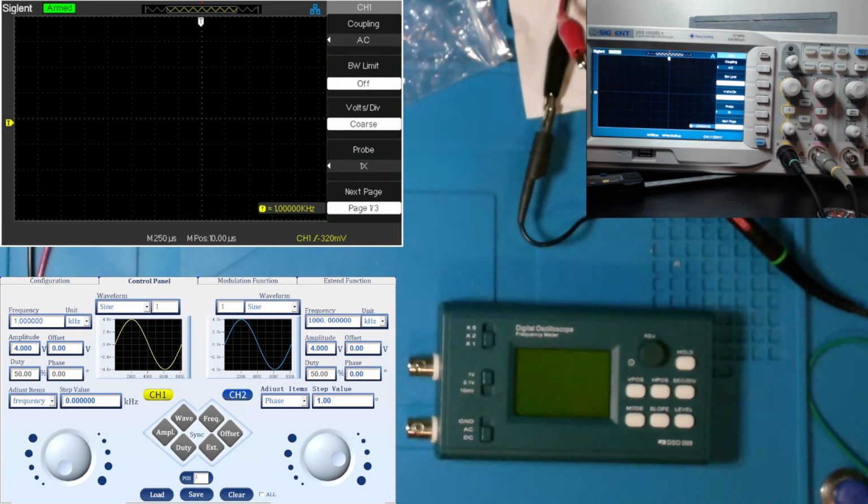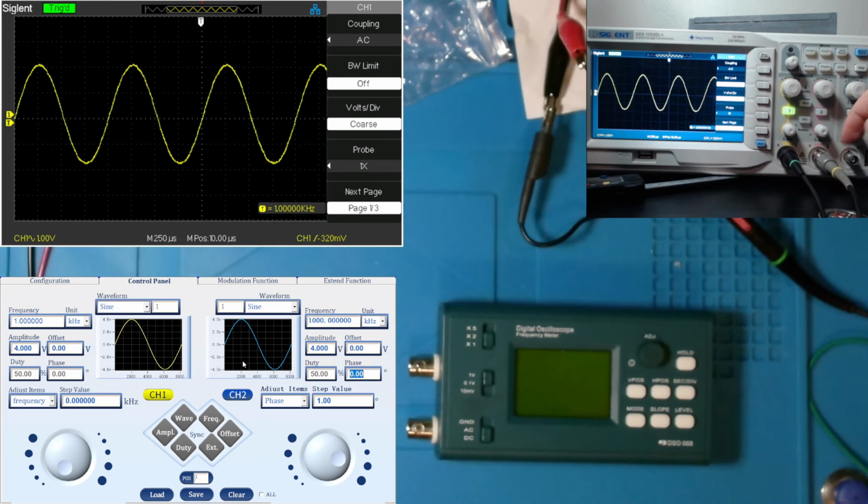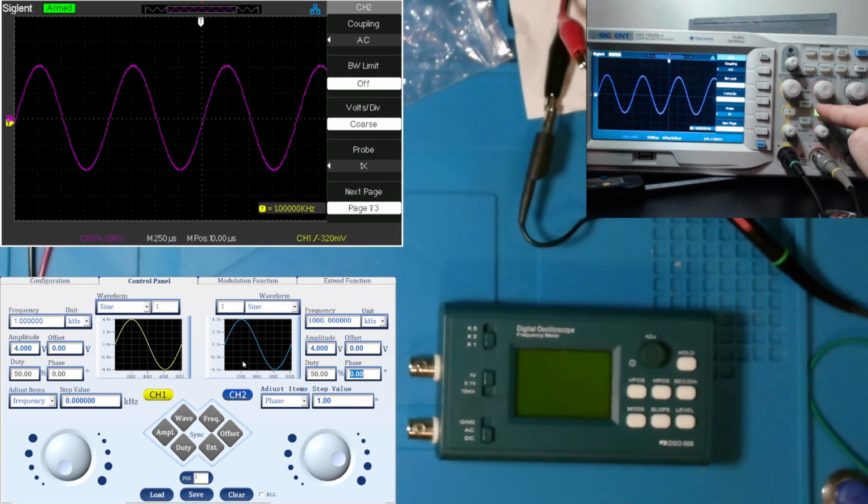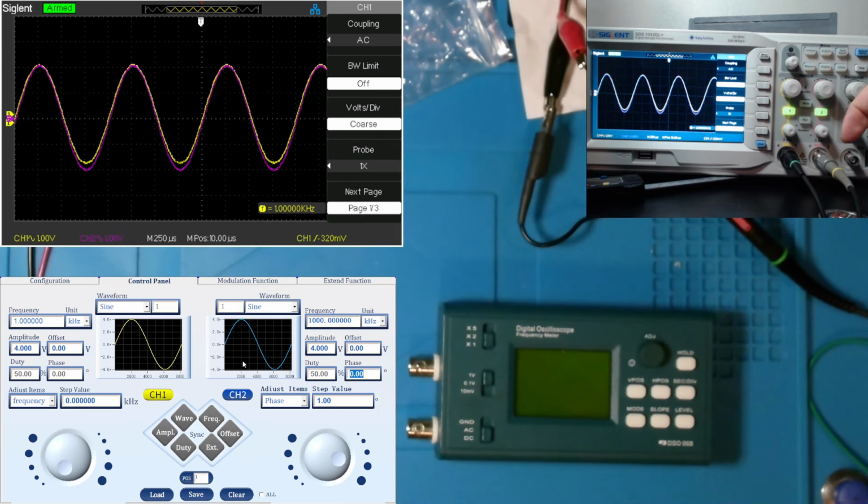So what I've done is I've set my SIGGEN to output a 1 kHz tone at 4 volts peak to peak on channel 1 and channel 2. And if I turn on channel 1 on my oscilloscope, you can see that. I'll turn it off, turn on channel 2, you can see that exact same signal. As a matter of fact, let me turn them both on.